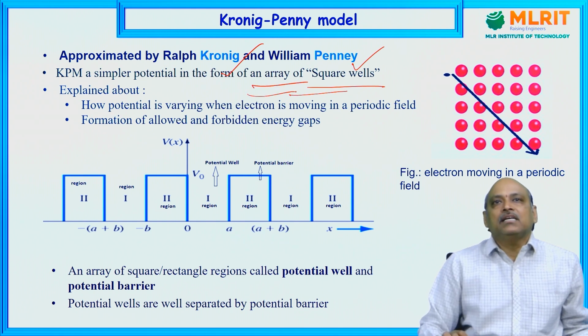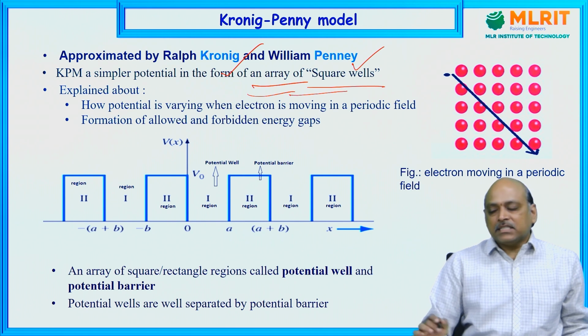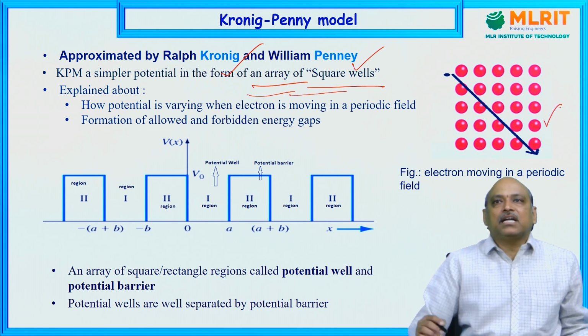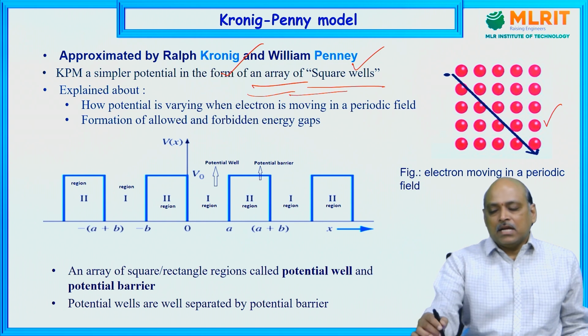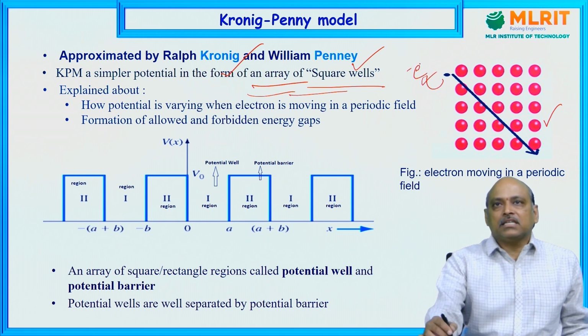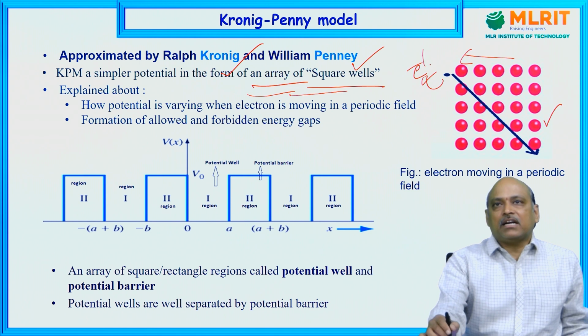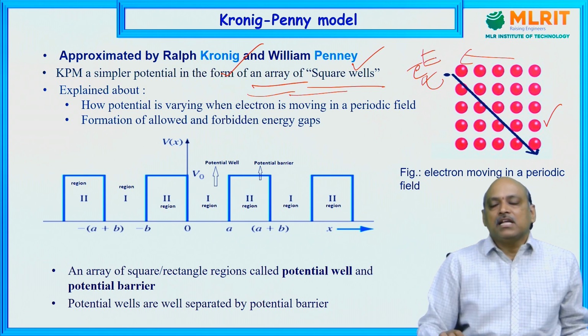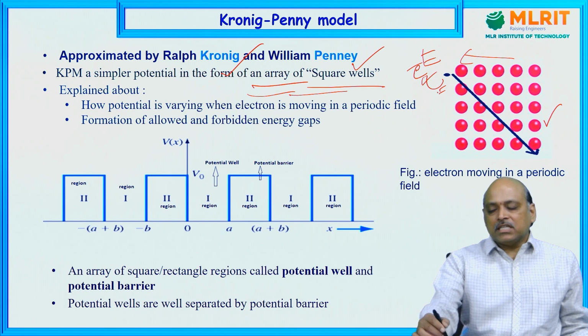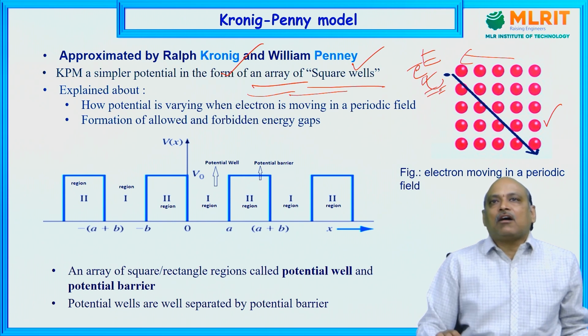Here I have taken one crystal in which atoms or ions are arranged in a systematic manner, and let me take this dot as a negatively charged electron. By applying an external electric field in one direction, this electron experiences a force. Then how the potential energy of this electron varies with respect to its position was explained by this theory.